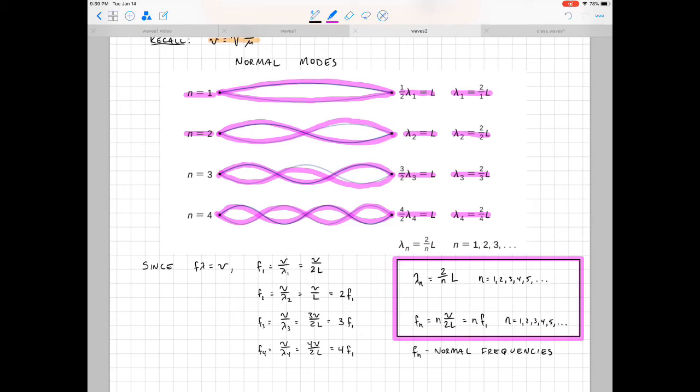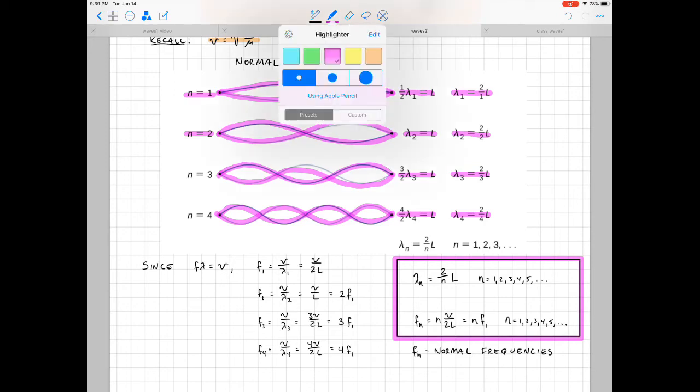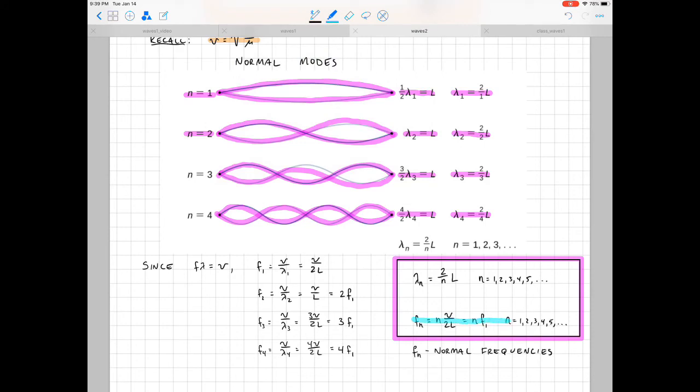And of course, if we have the wavelength, then we can immediately write out an expression for the frequency, because the wavelength times the frequency is the speed of the wave. And so down here, I've written out the expression for the frequencies that are allowed, and these are called the normal frequencies. And what I've done is I've swapped out for lambda the speed divided by the frequency and then rearranged the terms.